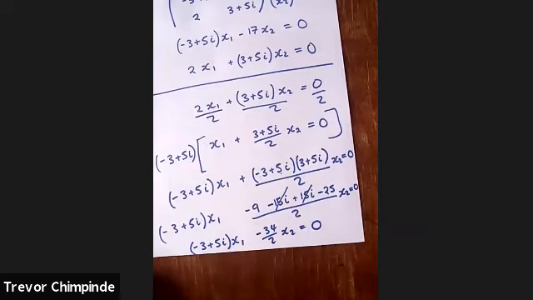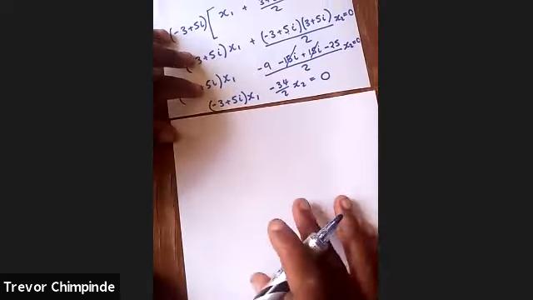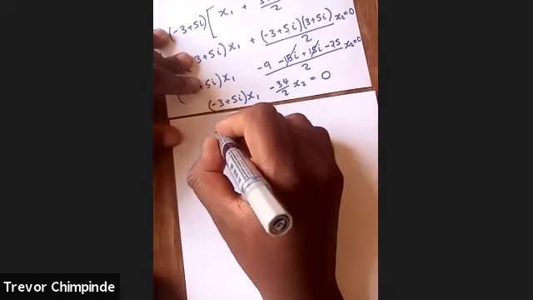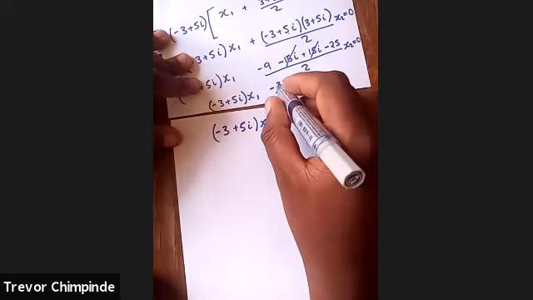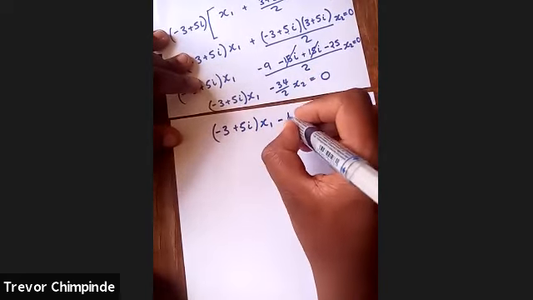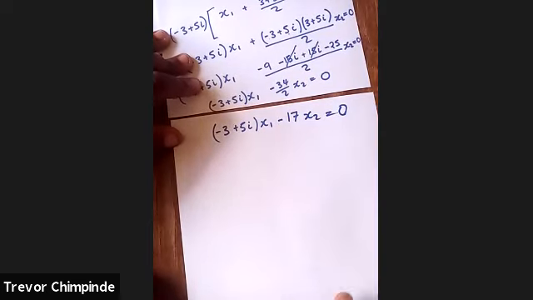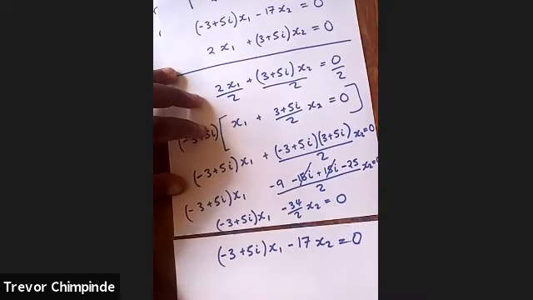And this gives us the first equation, which is (-3 plus 5i) x1, so negative 34 divided by 2 is negative 17, x2 is equal to 0, which is the first equation.